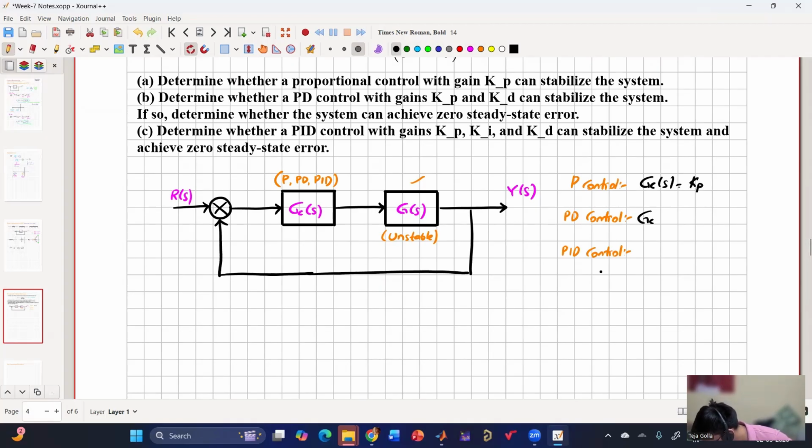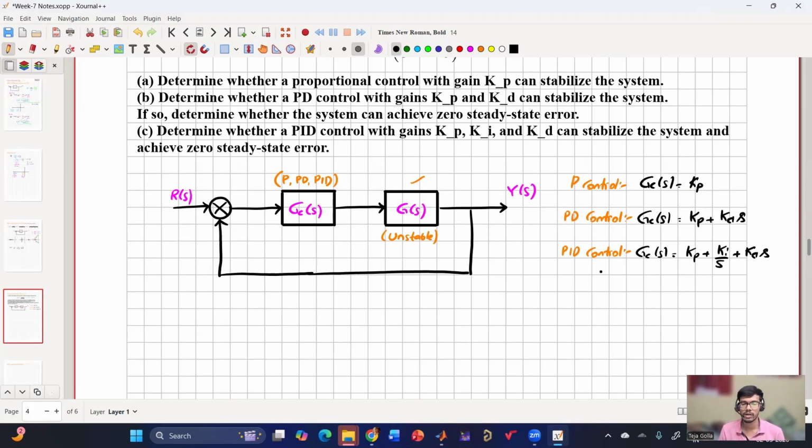In this case, Gc(s) will be Kp plus Kd into s, because P and derivative. In this case, it will be Kp plus Ki by s plus Kd into s. So we have to see for each of these cases whether the system can be stabilized, which means when we are talking about the overall system, we are asking whether the closed loop poles are on the LHP or not.